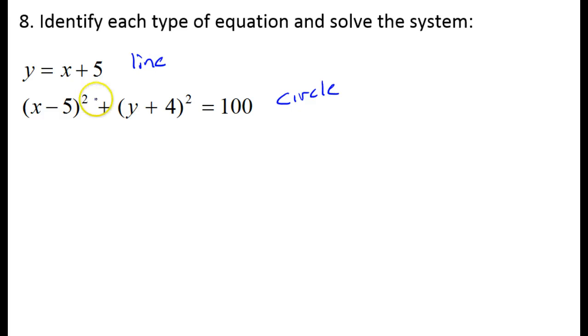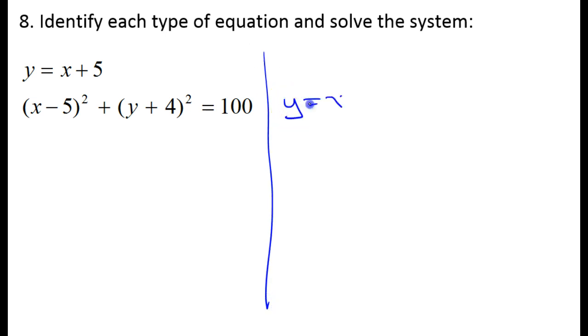This problem is all about substitution. Y equals x plus 5. That means I can take x plus 5 and substitute it in for y in the first equation.